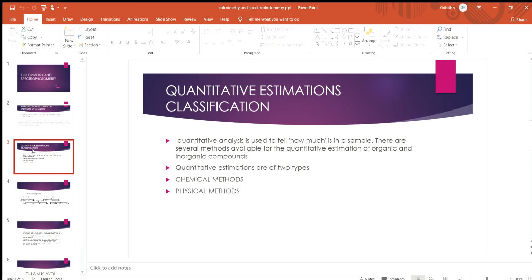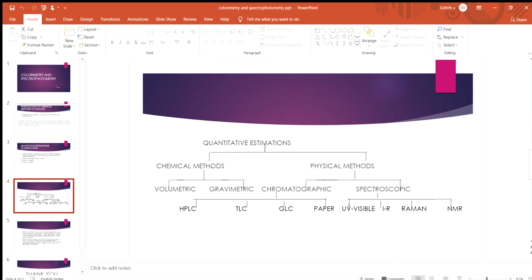Quantitative chemical analysis is again of two types, that is chemical methods of analysis and physical methods of analysis. Listen here carefully. I have to teach you the chemical methods also before going into physical methods. As our chapter, here we are dealing with the physical methods, the two spectroscopic methods of analysis.